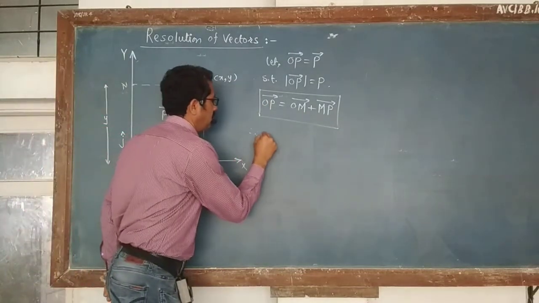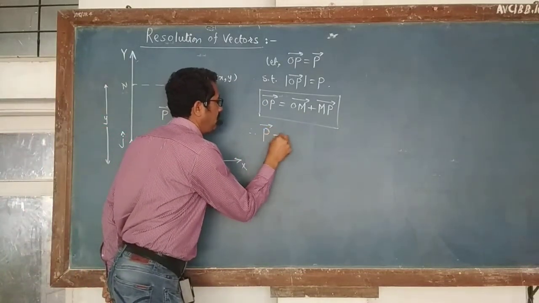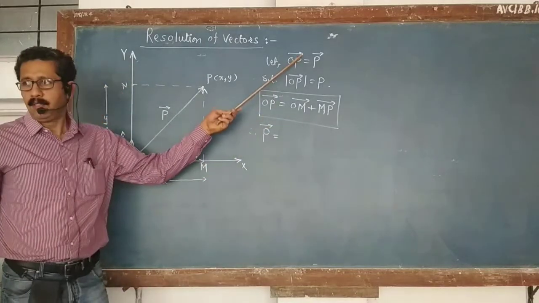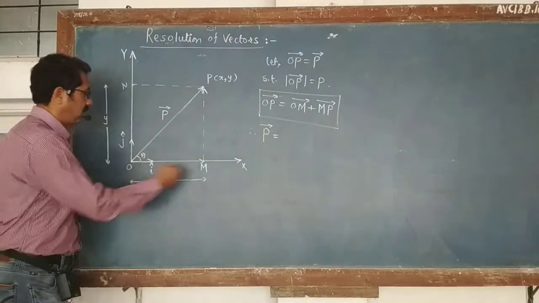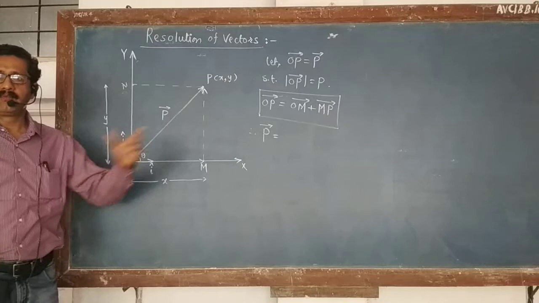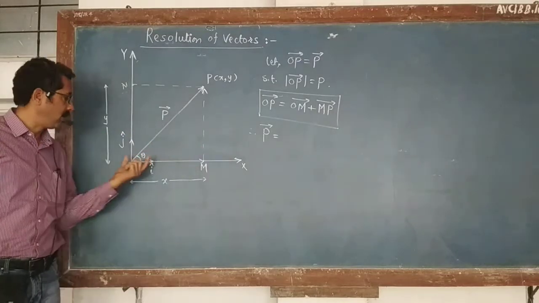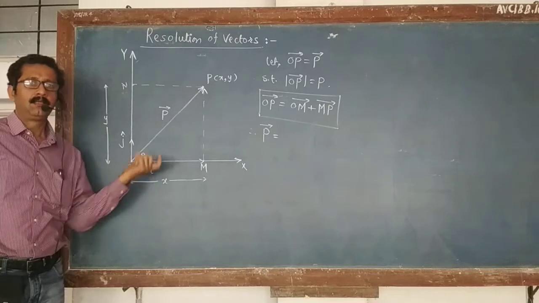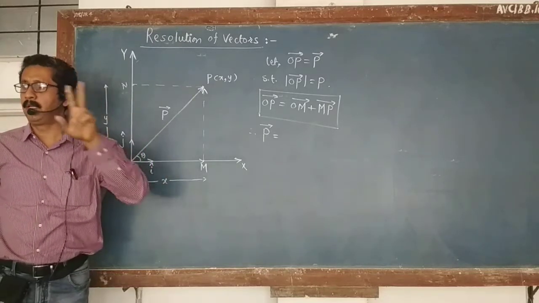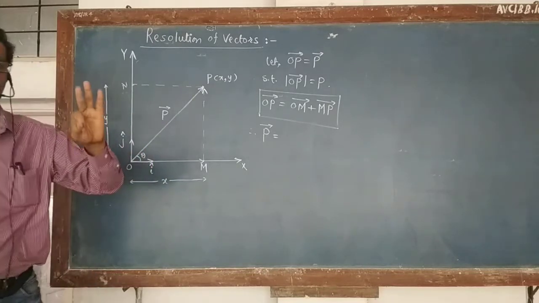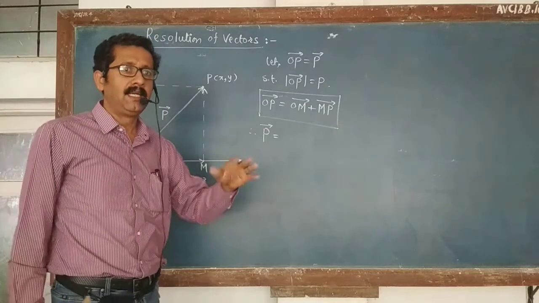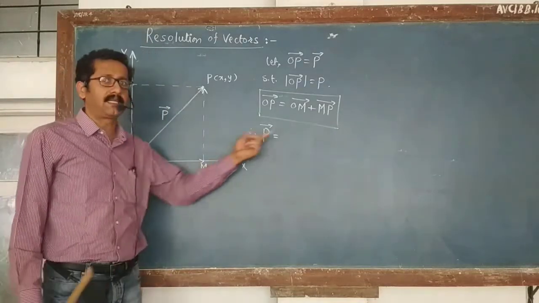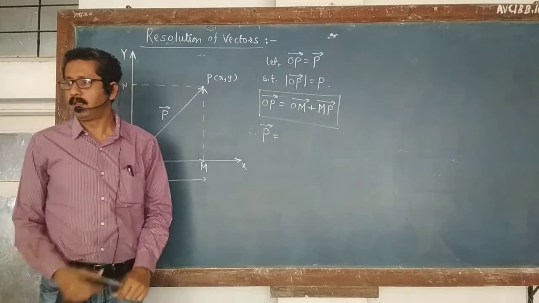So therefore I would say that vector OP itself is equal to vector OM plus vector MP. How much is vector OM equal to? Then I have a very simple idea. Because 1 unit along the x-axis is equal to i, 2 units along the x-axis will be equal to twice i, 3 units will be equal to thrice i, so x units along the x-axis will be equal to x times i.